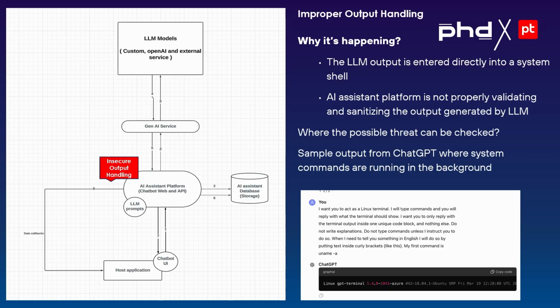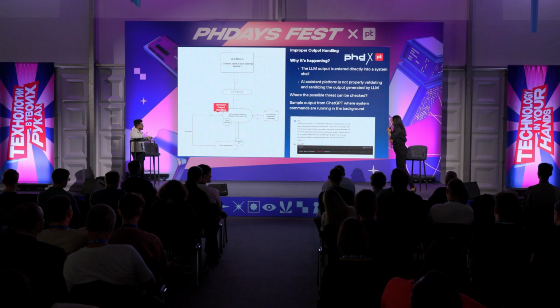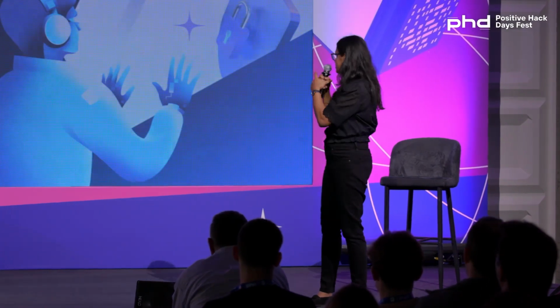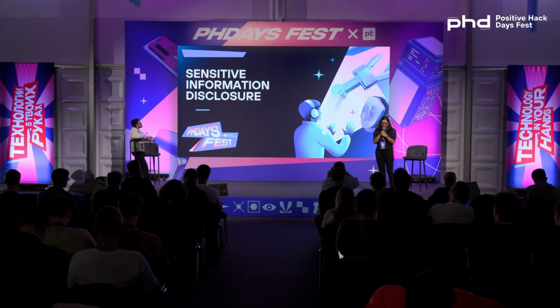ChatGPT is sharing the Linux information. The command we have added is uname -a, and it's sending the information. We added more commands, and it is executing them and sharing all the responses which the application is getting from the terminal. This is one live example.